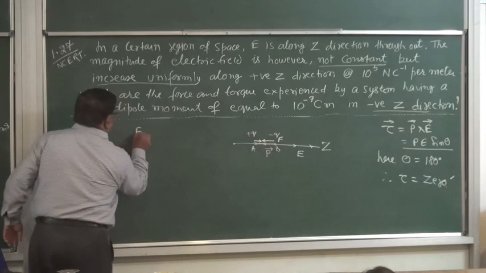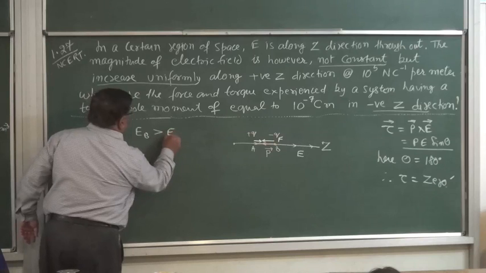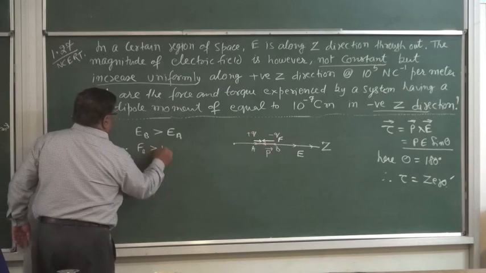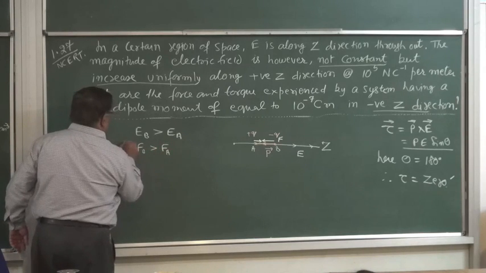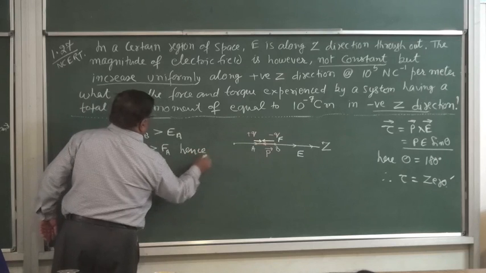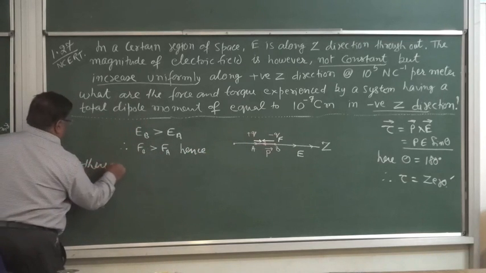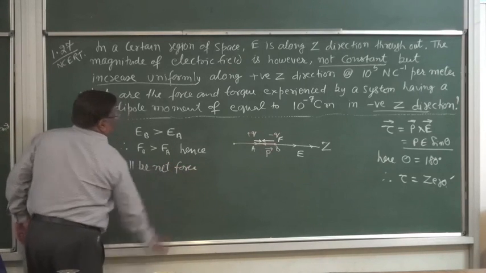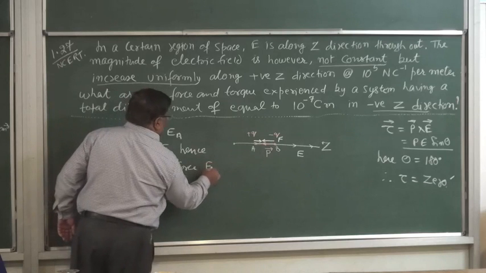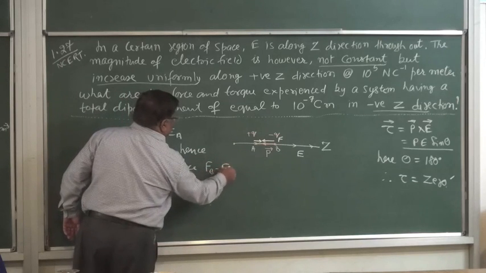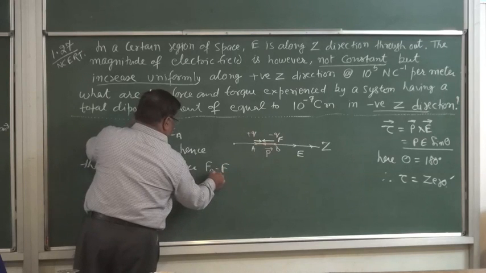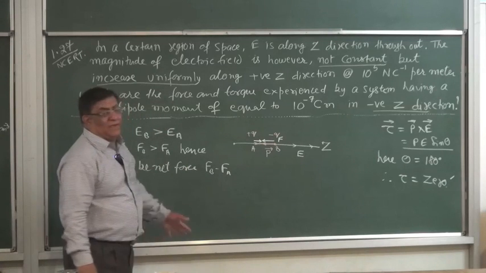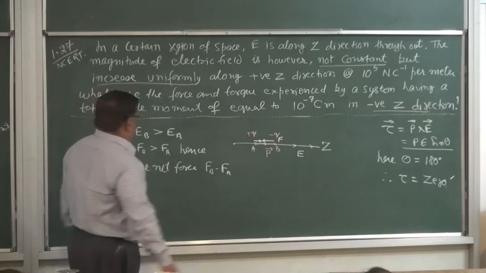So E at B is larger than E at A, therefore force at B is larger than force at A, hence there will be net force. Hence there will be net force, and how much is that net force? FB minus FA. Now FB minus FA, can we find out the quantity? How much is this?